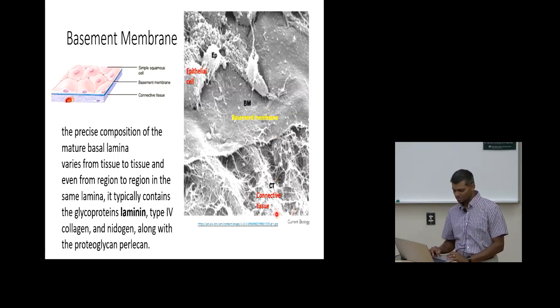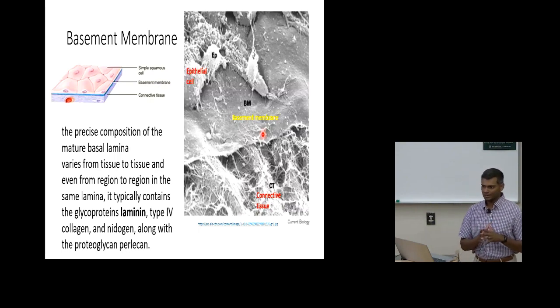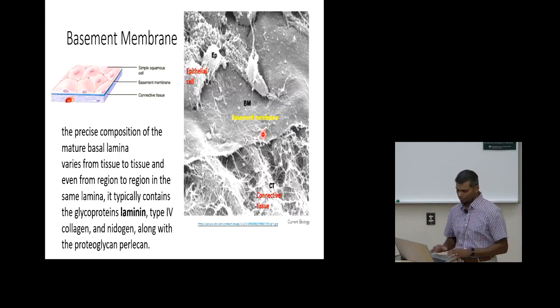And below this basement membrane, you will have the connective tissue, which is the areolar connective tissue. See how loosely it is held together. And the basement membrane composition can vary from tissue to tissue, but the main protein found generally there is going to be laminin, which is the third type of protein which makes the matrix.